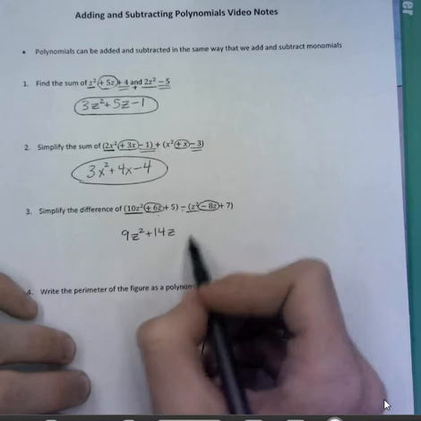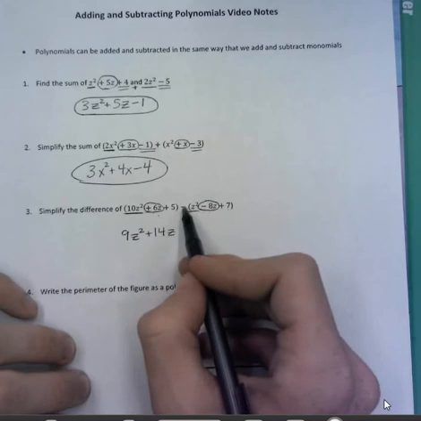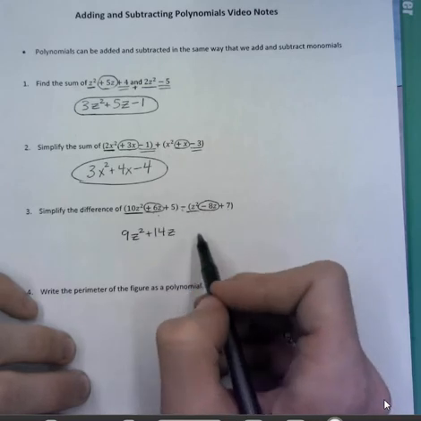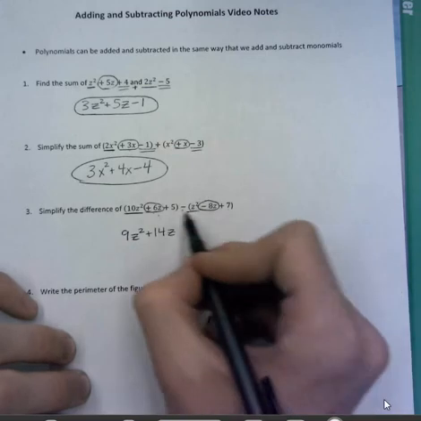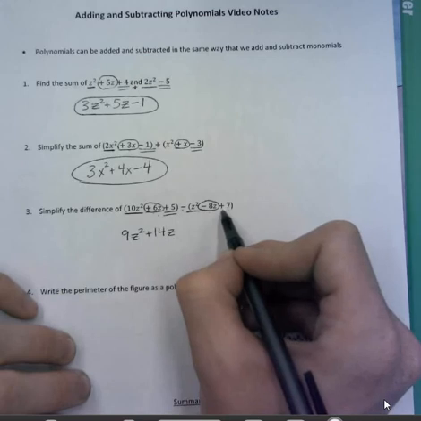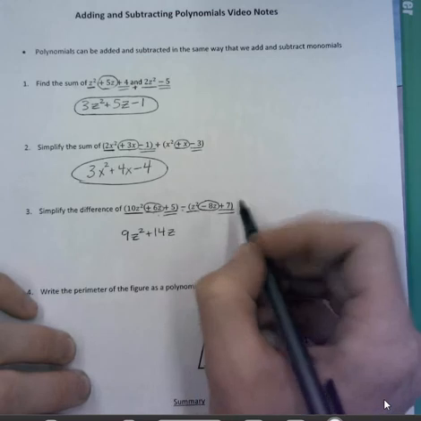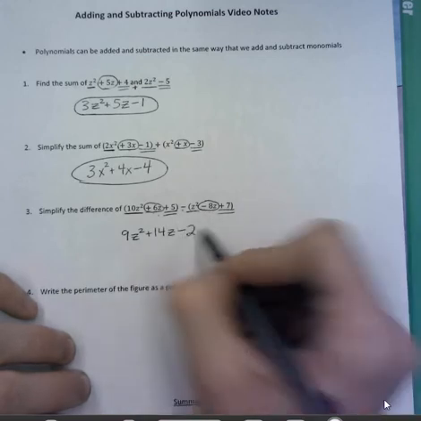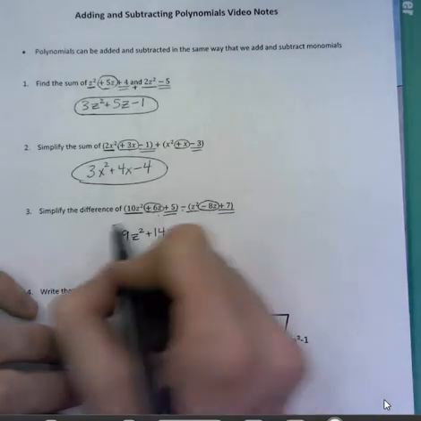Remember, you gotta do bam bam when we have minus a negative. Lastly, you have the number 5. It's a positive 5 minus positive 7. So 5 minus 7 is negative 2, and there you have it.